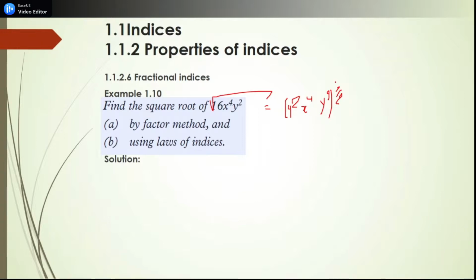You multiply each as a power. The result will be 2 over 2 is equal to 1, you get 4. 4 over 2, you get x power 2. Then y power 2 over 2, you get y power 1. The answer is this one.